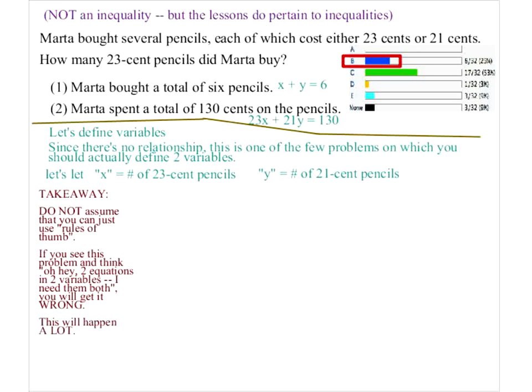Because one thing you guys have got to know is that one of the main purposes of a standardized test is to differentiate people who think critically about problems from people who just memorize stuff.